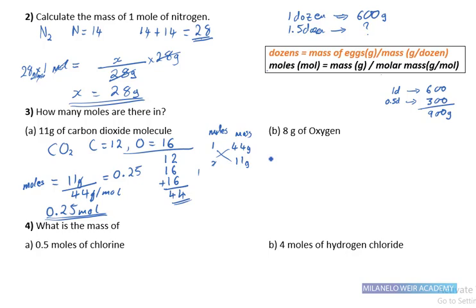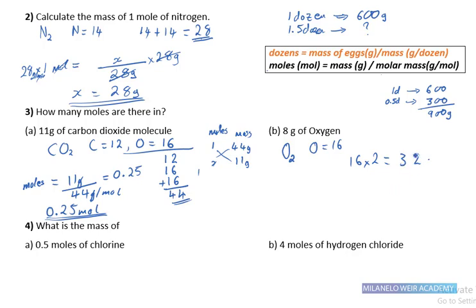So what's next? Oxygen exists as a gas O2. What are you going to do here? So I calculate, okay 16, then 16 times 2 is 32.